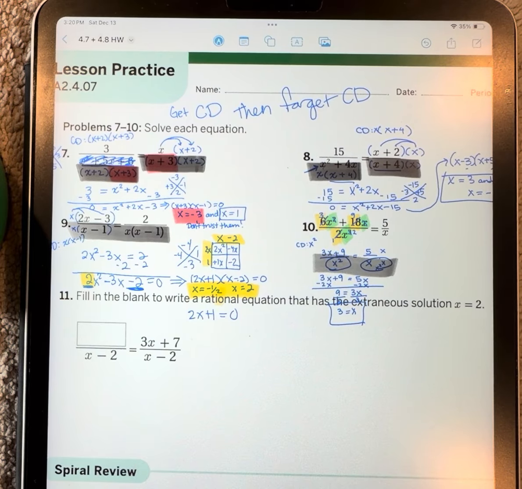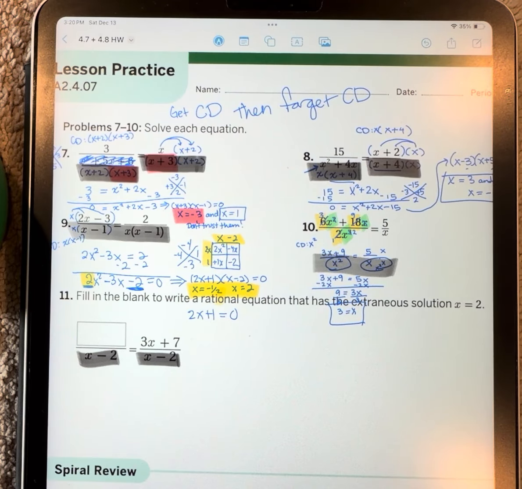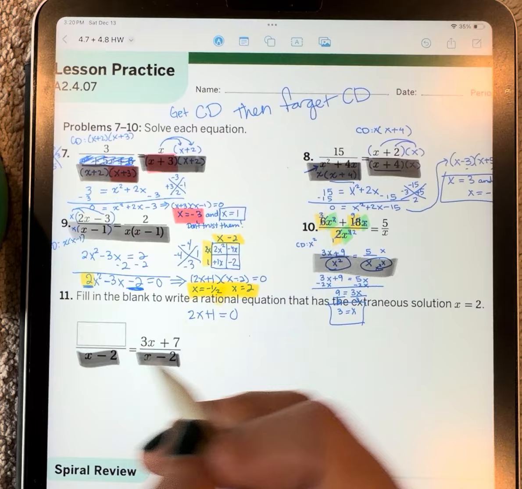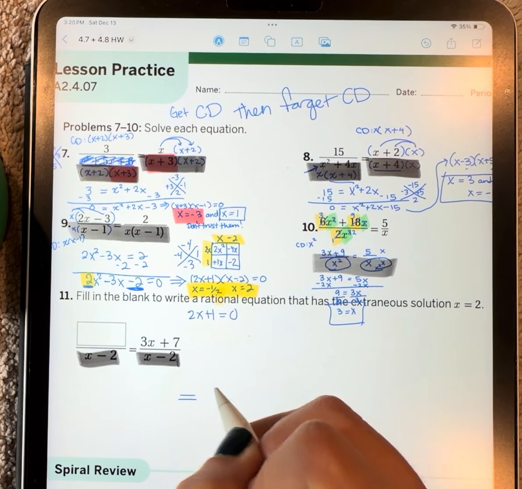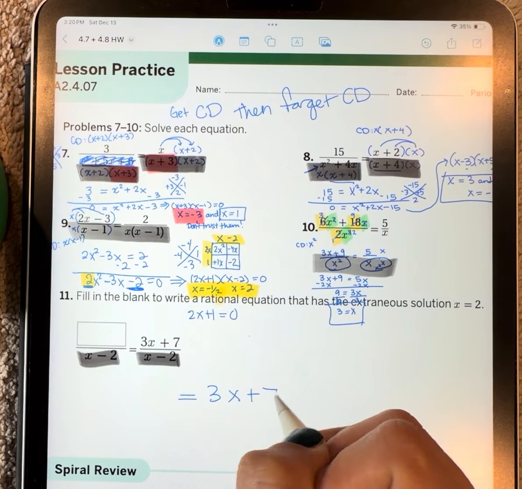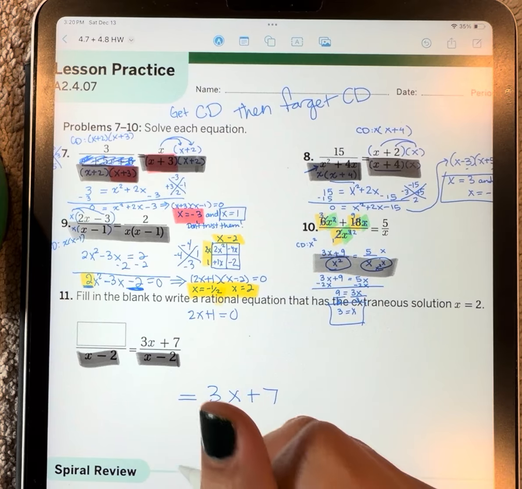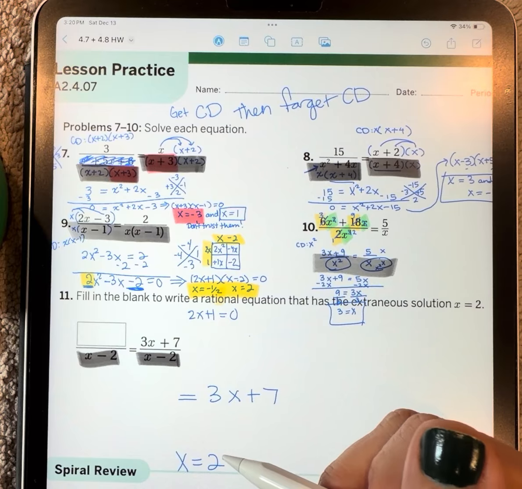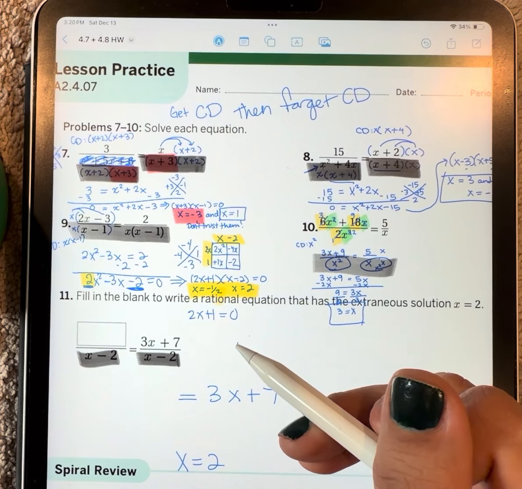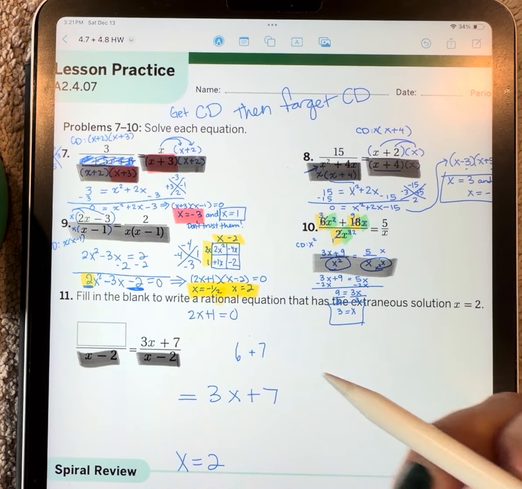Okay, let's see. We have a common denominator, so let's forget the denominator, all right? Now I have this unknown numerator, and I want it to equal 3x plus 7. And then at the end, whatever this is, I want my answer to come out to x equals 2. So if x is 2, 3 times 2 is 6, and 6 plus 7 is 13.